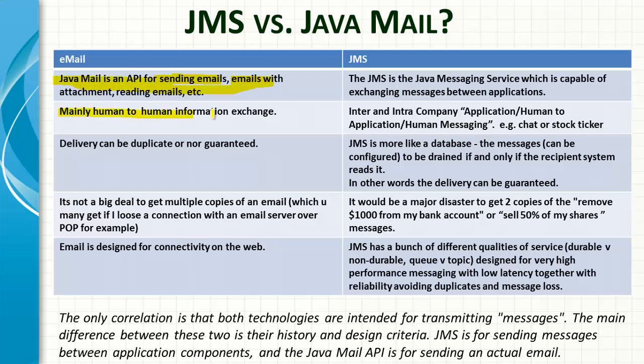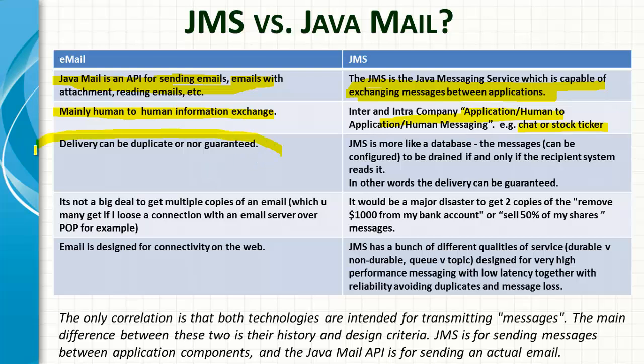It is mainly for human to human information exchange, whereas a messaging service is capable of exchanging messages between applications. Two systems are communicating with each other. The ultimate recipient might be a human itself, but that's not the point. The point is that those messages are supposed to happen between two systems.